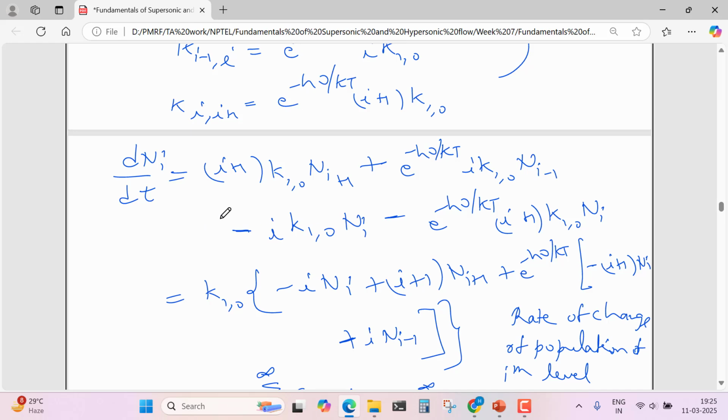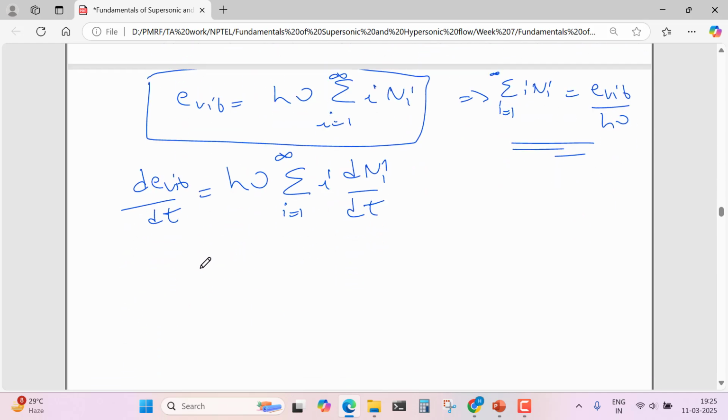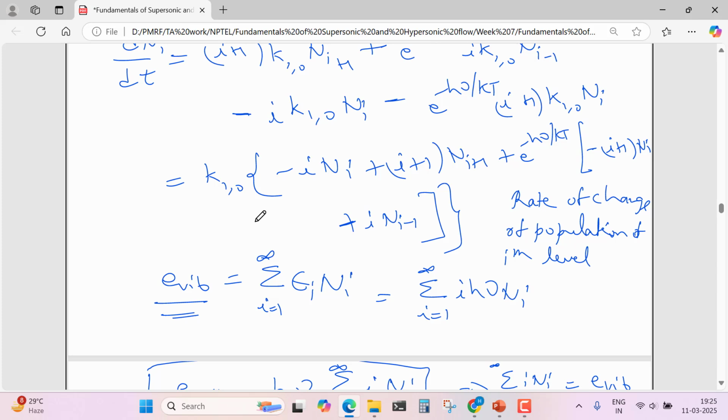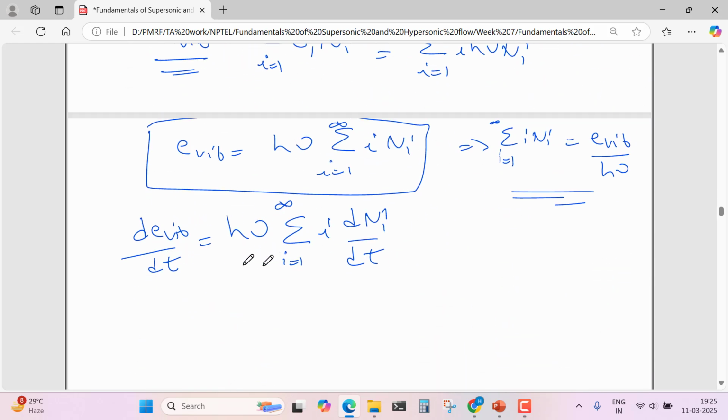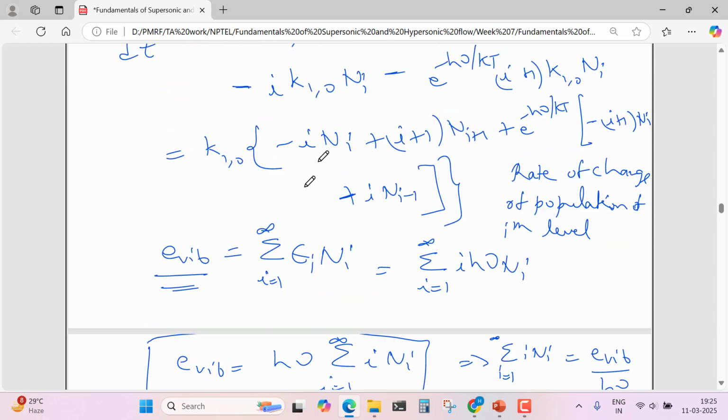Now we will substitute this dn_i upon dt inside here, and this k10 is constant and also independent of time, so we take it out also. So we get h nu k_{1,0} sigma i equal to 1 to infinity, and I will multiply i in each term.